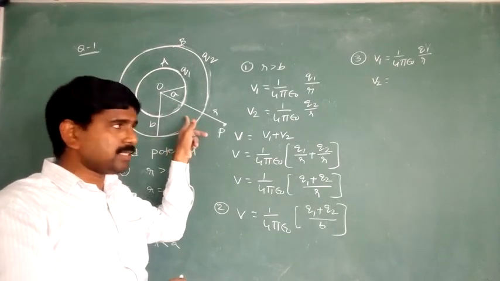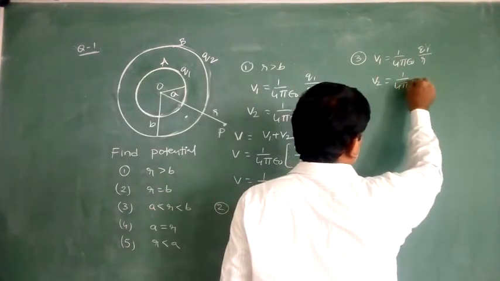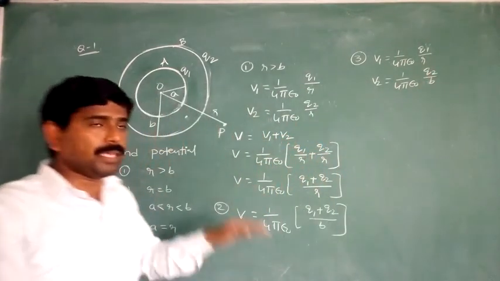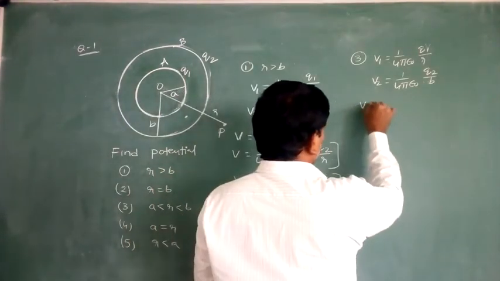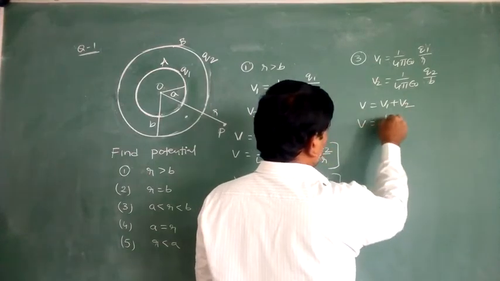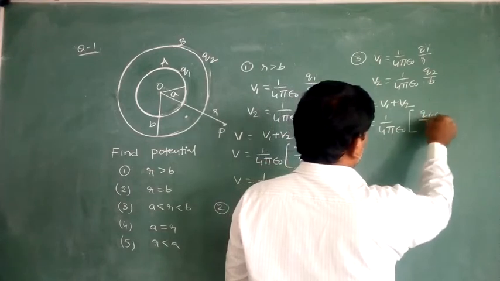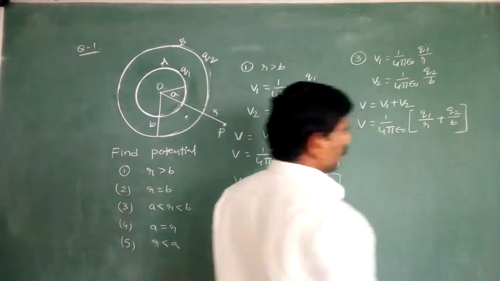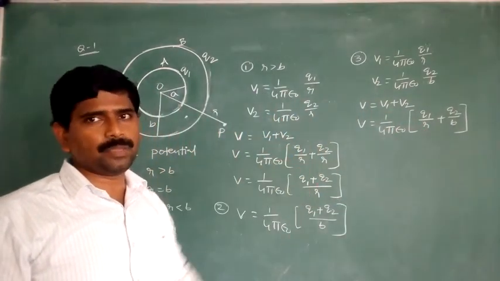Therefore here V2 is equal to 1 by 4 pi epsilon naught into Q2 by B. This is the potential on the surface of the second shell. Therefore net potential V is equal to V1 plus V2. Therefore V is equal to 1 by 4 pi epsilon naught into Q1 by R plus Q2 by B. Here R value is more than A, less than B.